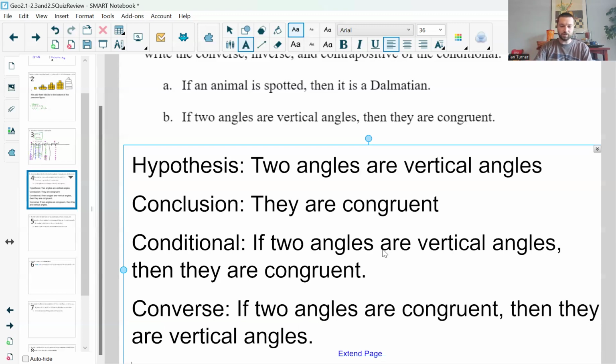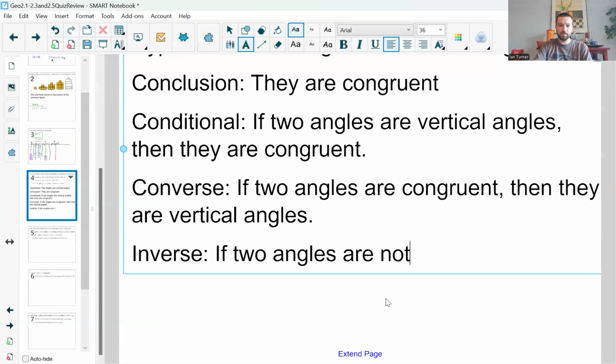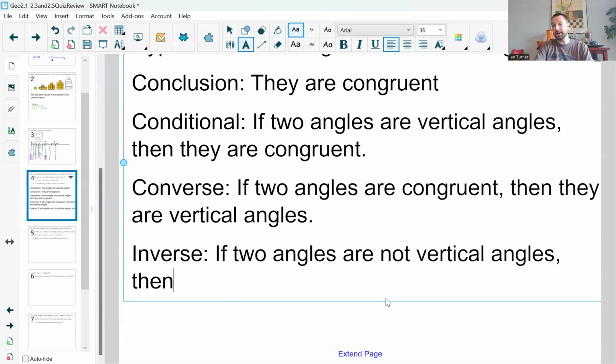And then the inverse, we just take our original conditional. We're just going to negate both. So to keep the original conditional, but now we say if two angles are not vertical angles, then they are not congruent. Okay, so we just took the negation of both of them.